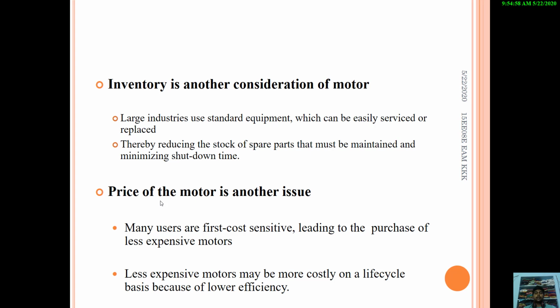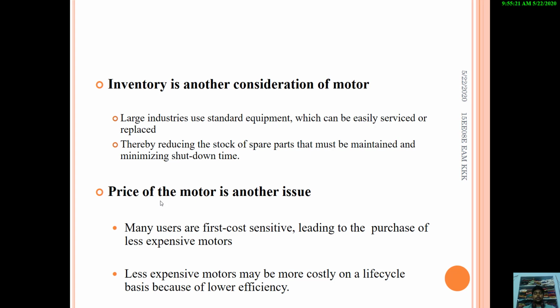And the last one is the price. The price of the motor is another issue. Everyone is conscious about price. Many users are first-cost sensitive, leading to the purchase of less expensive motors. That is, low cost with high benefits. We are always going towards low cost with high benefits.